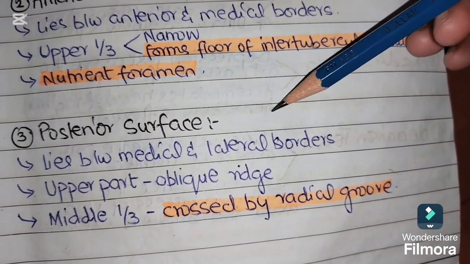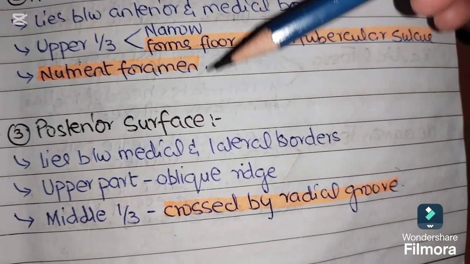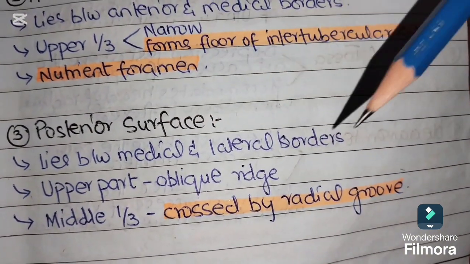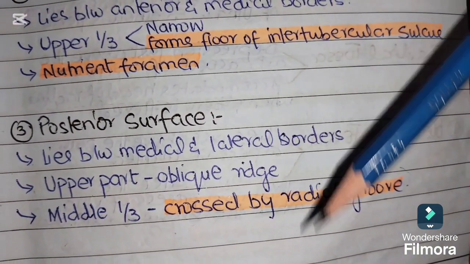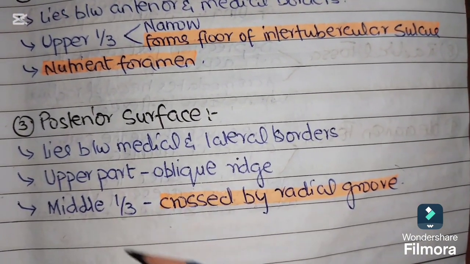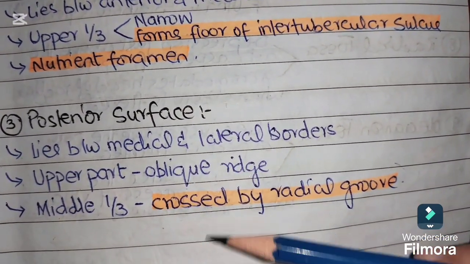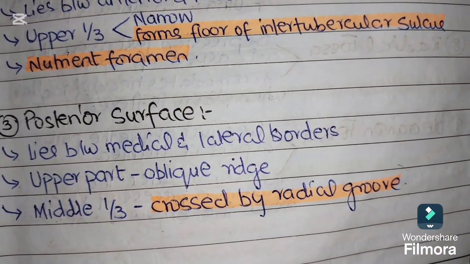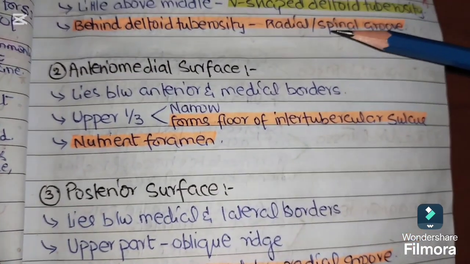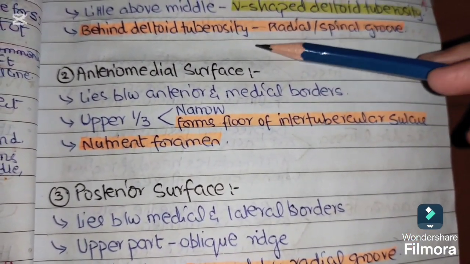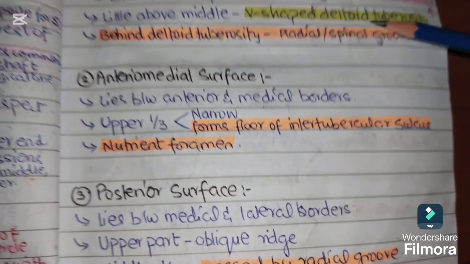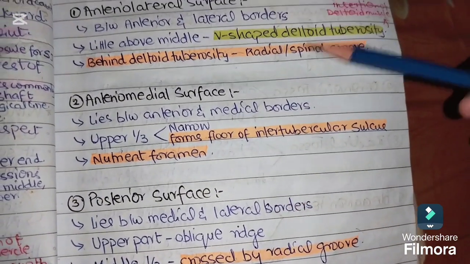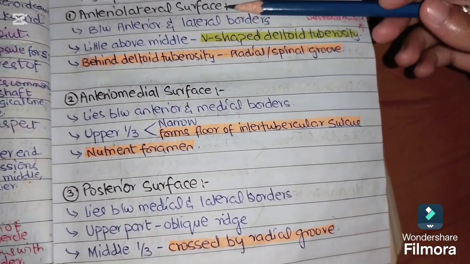Then thirdly, there is the posterior surface, which lies between the medial and the lateral border, and in its middle one third it is crossed by the radial groove. This same groove we talked about here, which is present behind the deltoid tuberosity. Let me just quickly recall all the points.